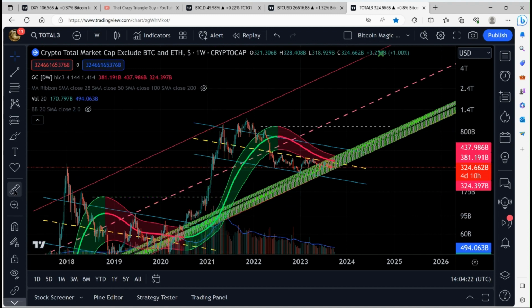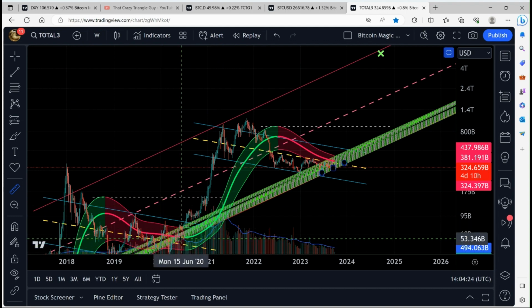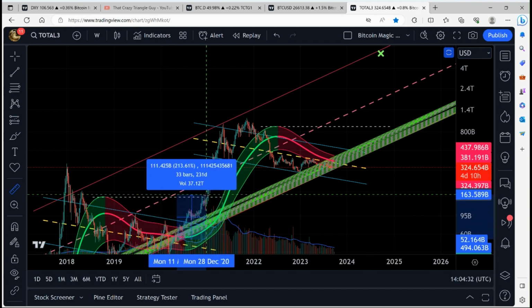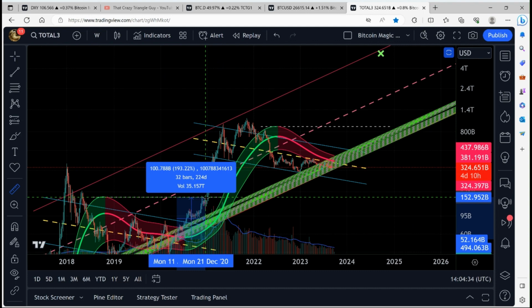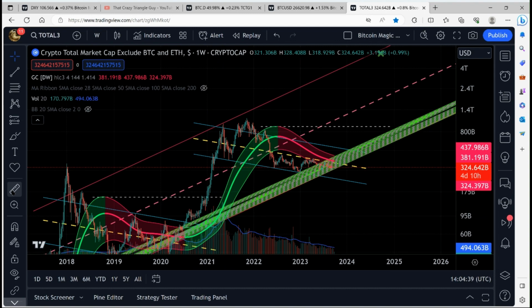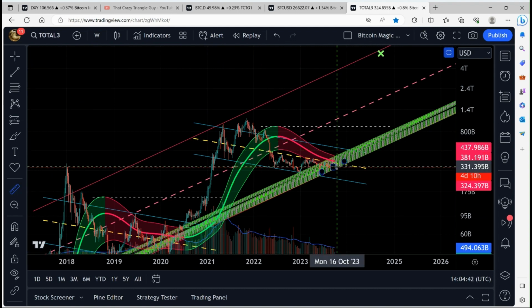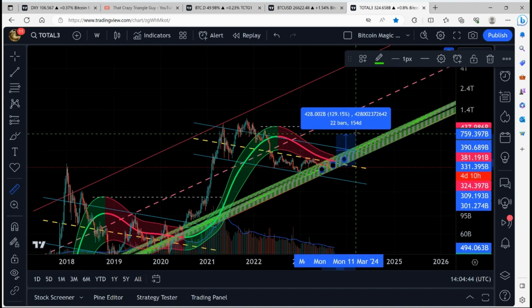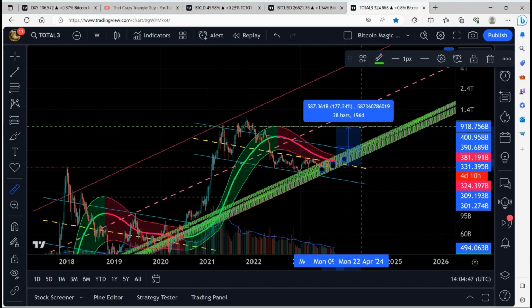Not to say we didn't see significant movements from where we are now in the cycle, which is back here, to that run. It's like 190%. Now, where we're at today, right here, to this run, about 177%. And this is just drawn roughly.